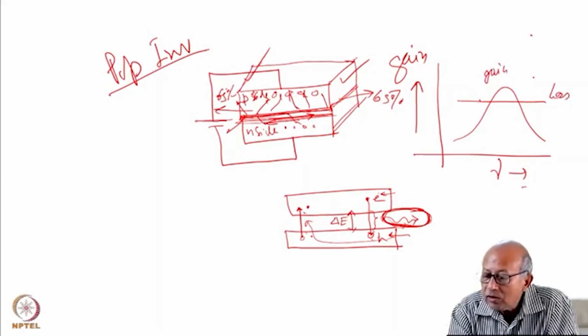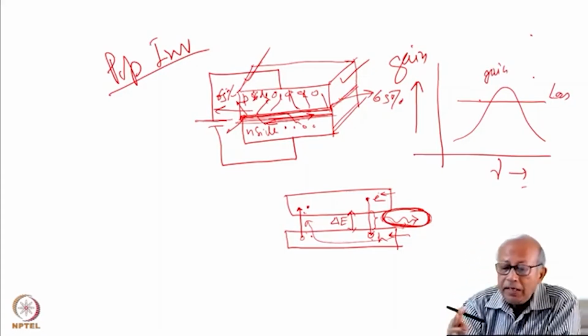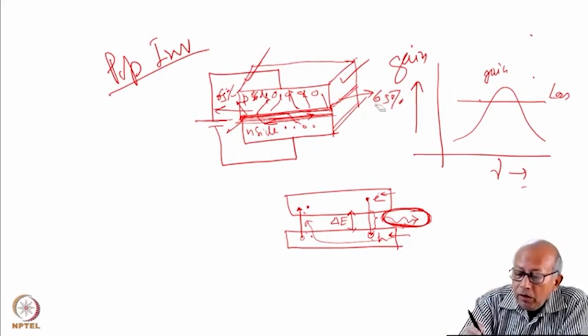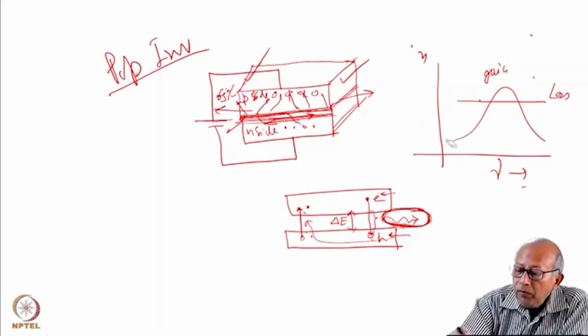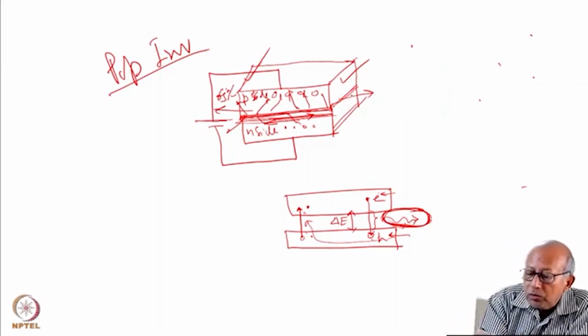If the gain exceeds loss, then there will be lasing and it will give a coherent beam of light that will emerge from these two.